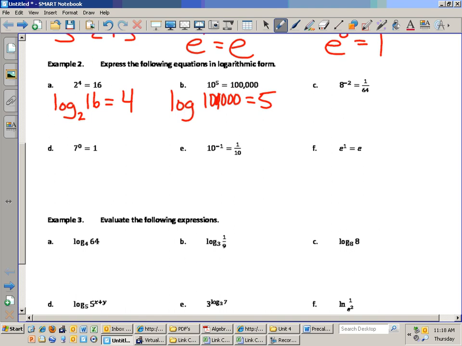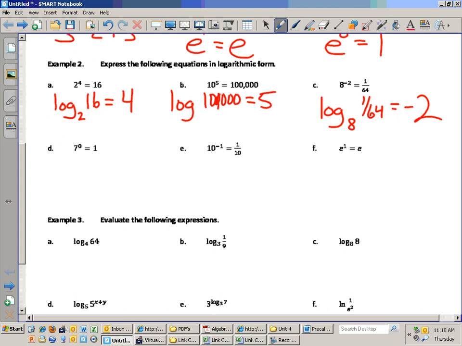We got 8 to the negative 2 equals 1/64. Log base 8 of 1/64 is equal to negative 2. So my exponents are what the logarithm is equal to.